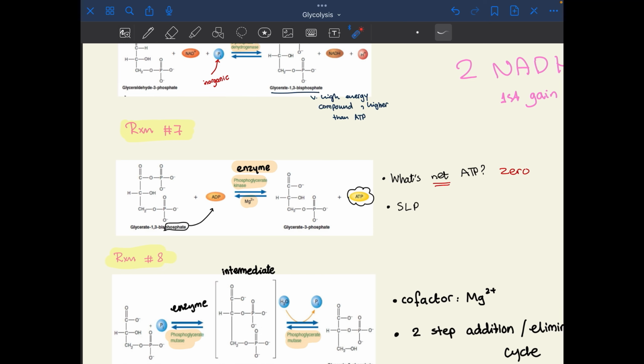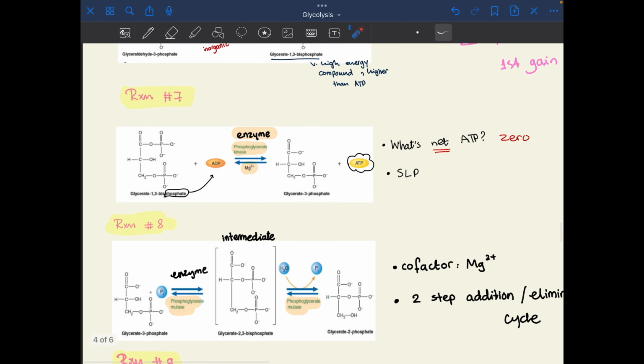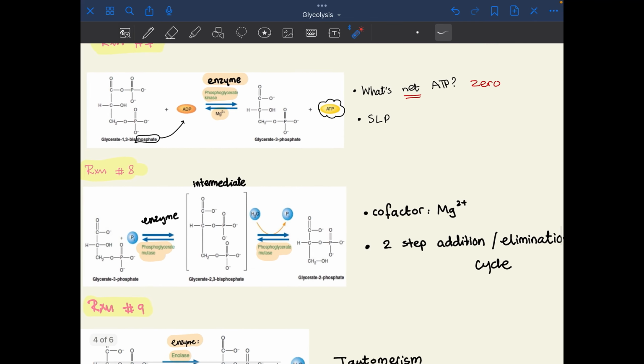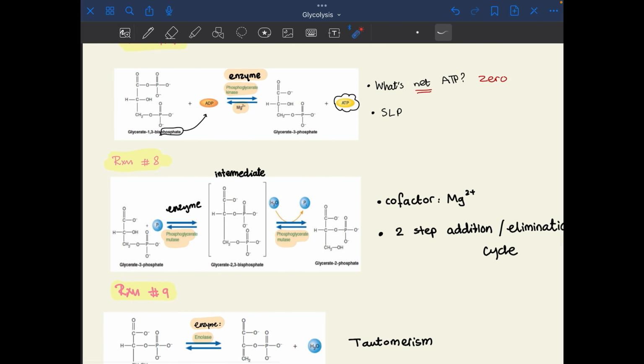Alright, then we have reaction number 8. Reaction number 8 is simple. All that will happen is that we will move the phosphate from carbon number 3 to carbon number 2. What enzyme will we use? Mutase. Why mutase? We said mutase is used when we are changing the location of the attached group.